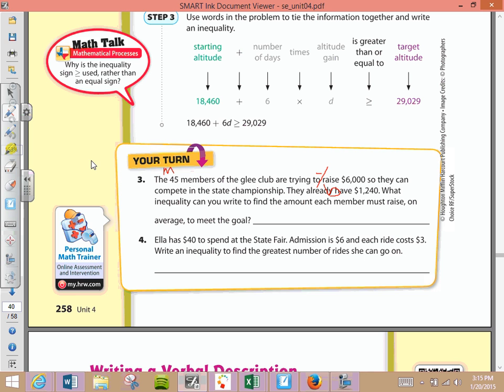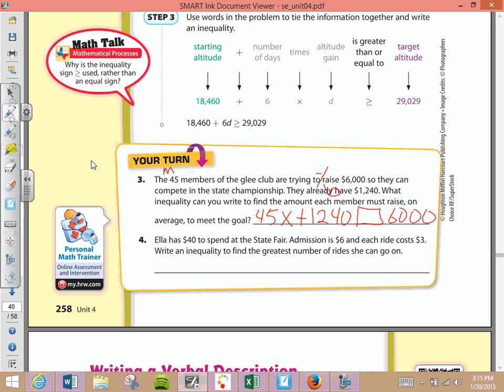6,000. All right, so we have M, 45x, right? Plus 1,240, something 6,000. This should be a little more clear. Y greater or equal to? Because it's just like the mountain climber.